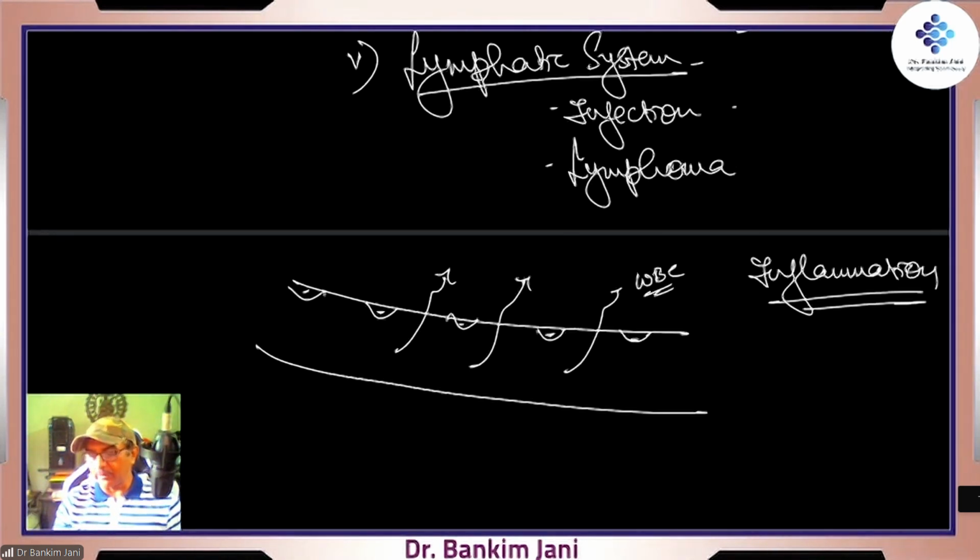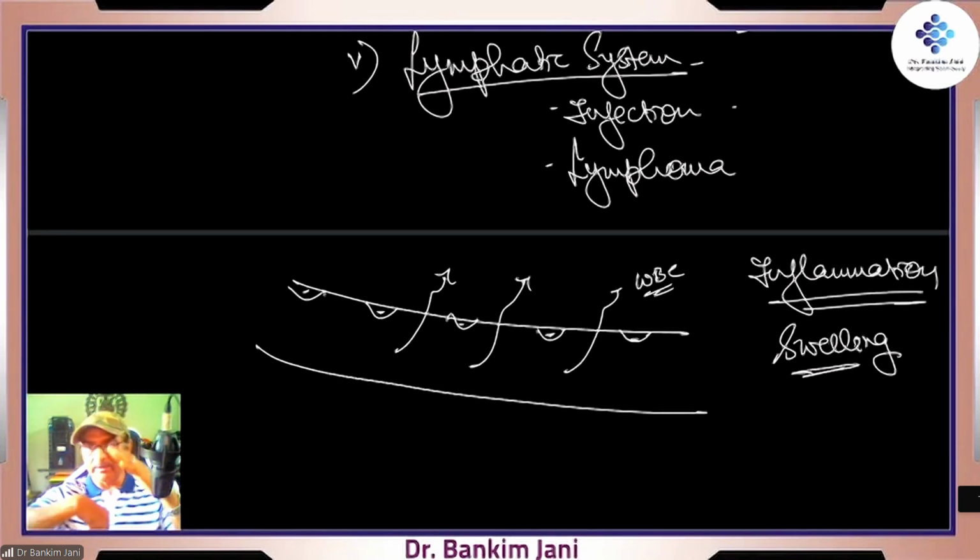So yes, it will lead to inflammation, it will lead to swelling. Why does the swelling occur? It is because fluid accumulation starts, so there is edema. Whenever there is any injury, that portion gets damaged, and then we find swelling. From where has the fluid come? It is because of endothelial injury. The plasma protein has moved, so now there is less pressure which can hold the water, and the water starts accumulating.